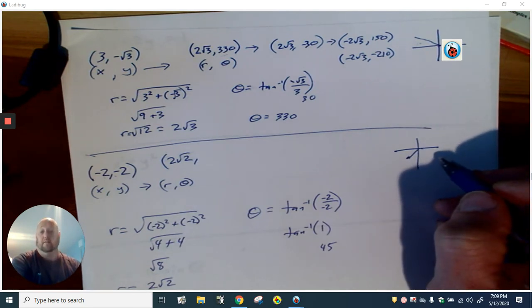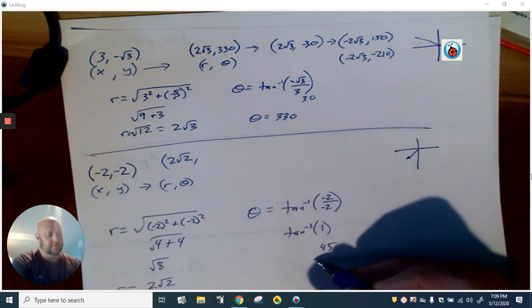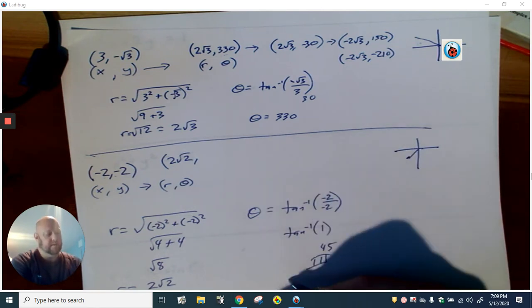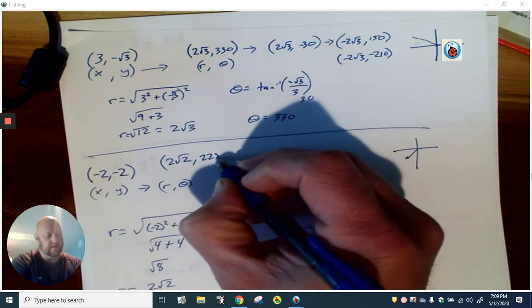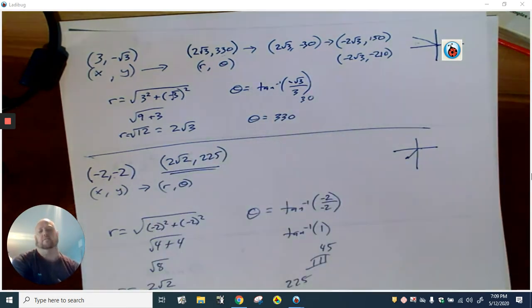So we have to be in the third quadrant. So a 45 in the third would be 225, okay? So 225, this would be our best answer right there, okay? And again, we could find the 3 other versions of that same angle, okay? So that's how you do points.